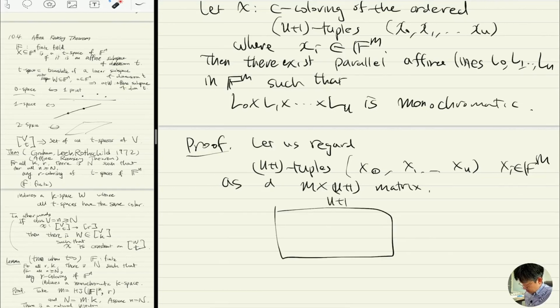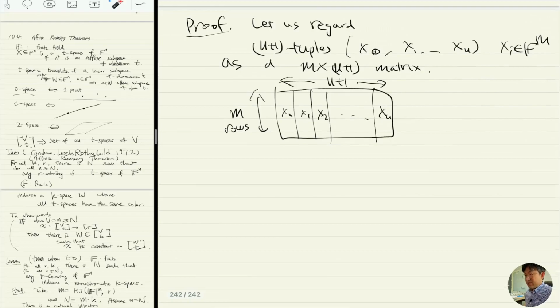So here you have U plus 1 columns, so you have M rows, right? Let's regard that. Now I'm going to look at the rows.